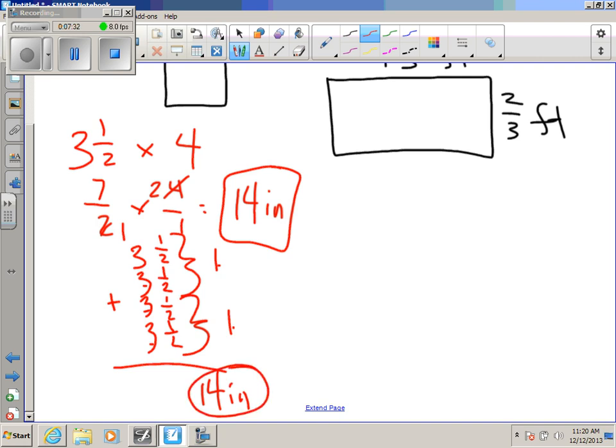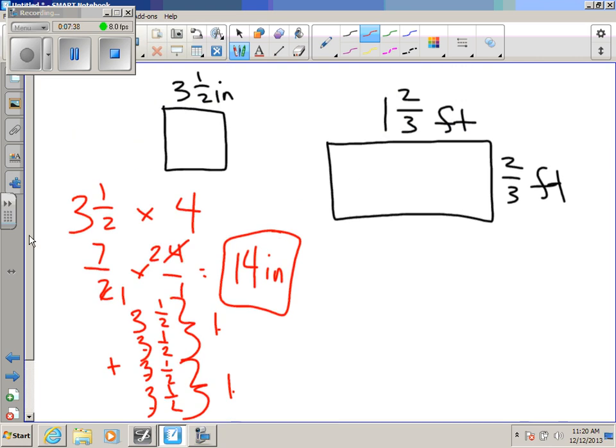Okay? That's also an option. Over here, rectangle. I could use 2 times my length plus 2 times my width. Okay. Any other options?